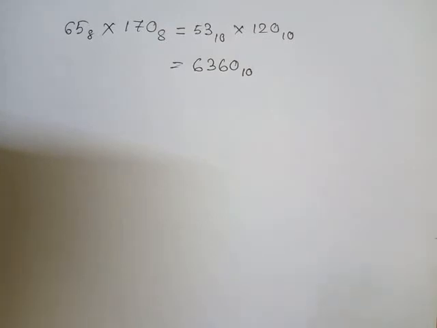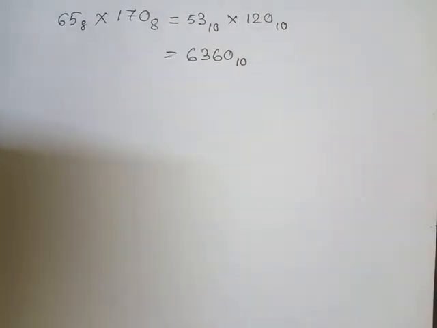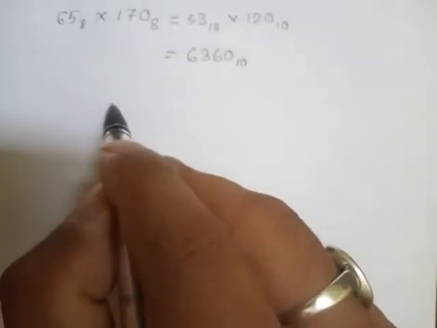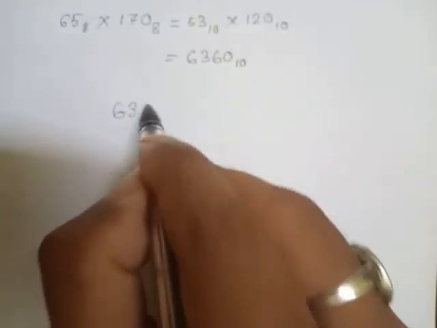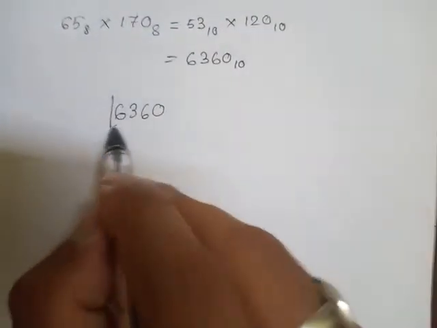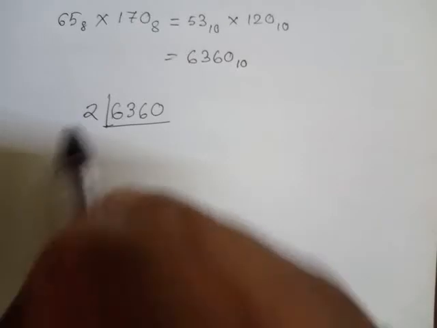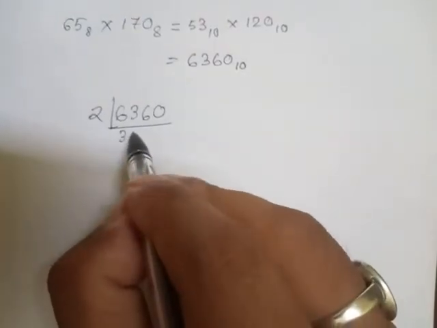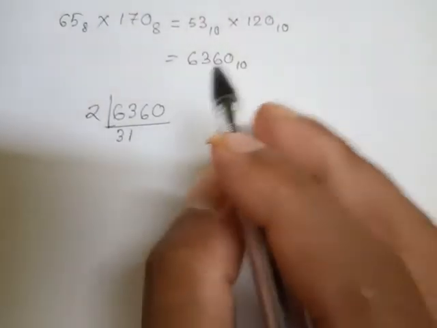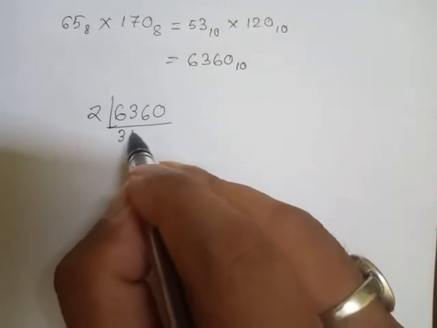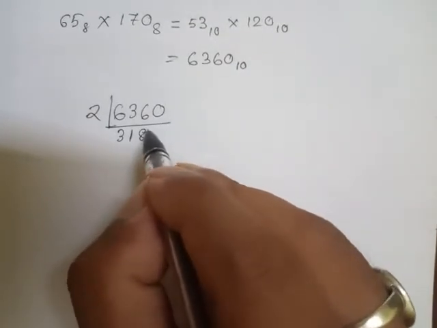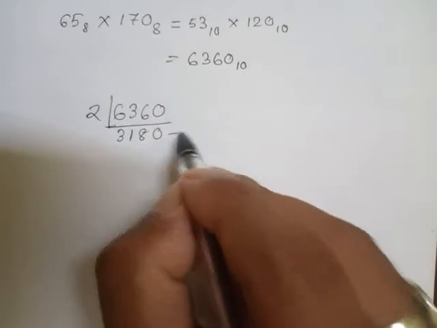Now how to solve it, let's have a look. Now students, look how to solve the next part: we are going to convert this 6360 into binary, so we'll divide by 2 only. 2 threes are 6, then 2 ones are 2, then 2 eights are 16, remainder is 0.